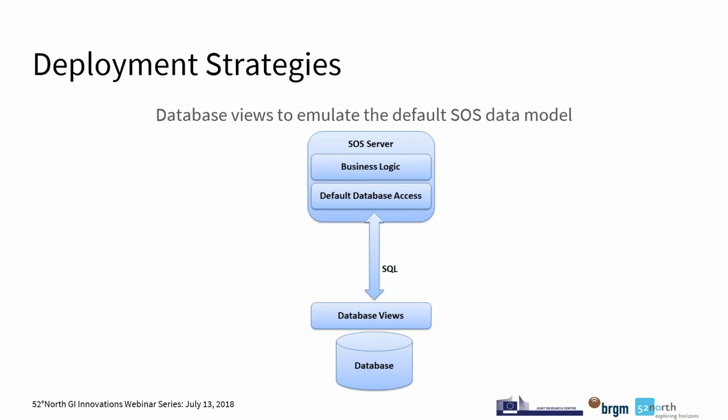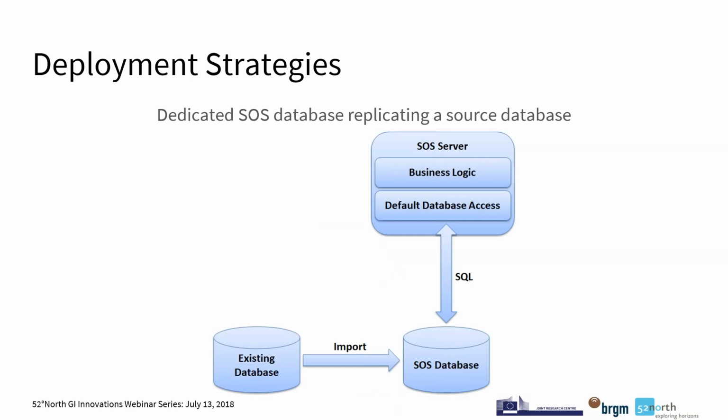However, it involves some programming. So to avoid that, there are different strategies to deal with that. For example, you may expose your data as database view that emulate the default data model of an SOS server. And then you could use some default data access module of existing implementations. That's a strategy which has worked quite well.